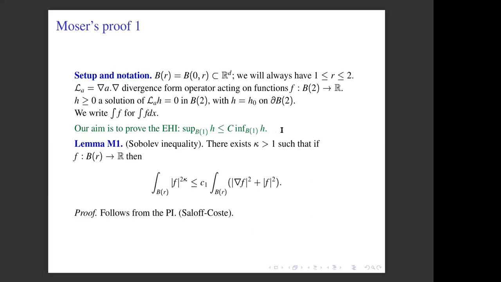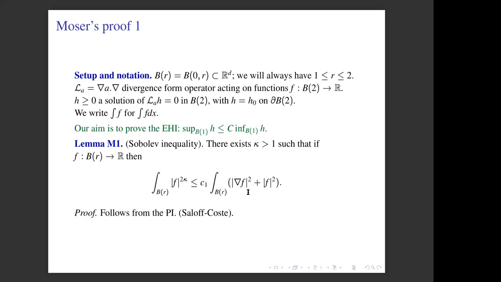So there are a few ingredients which go in. The first is a Sobolev inequality. So there exists a kappa, depending on the dimension d, so that if we have a function f from B_R to R, then the integral of f to the 2 kappa can be bounded by a constant times the integral of f squared and an integral of the gradient of f.